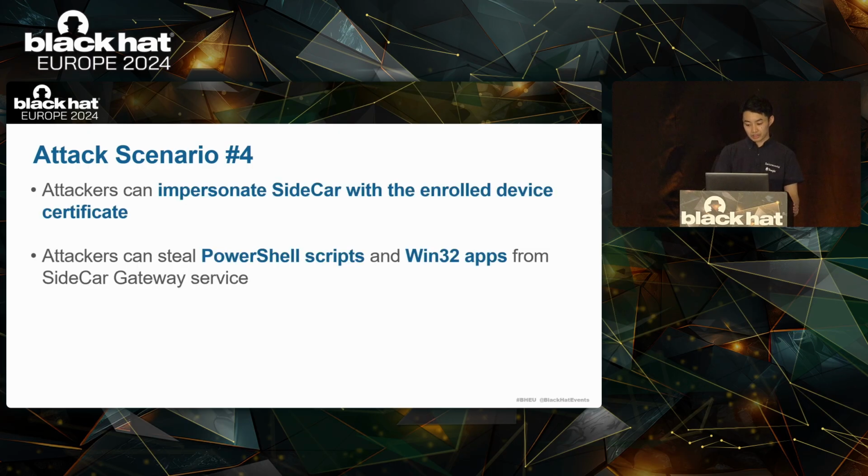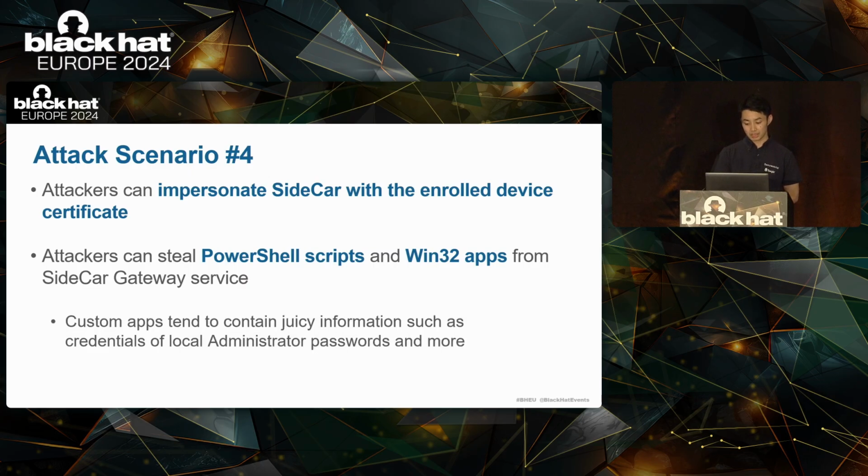So attackers can impersonate the SideCar, and they can steal your partial scripts or Win32 apps delivered from Intune. And those custom apps are always great targets for attackers, since they sometimes contain juicy information such as local administrator passwords or even domain administrator passwords. So these might be stolen from this attack.